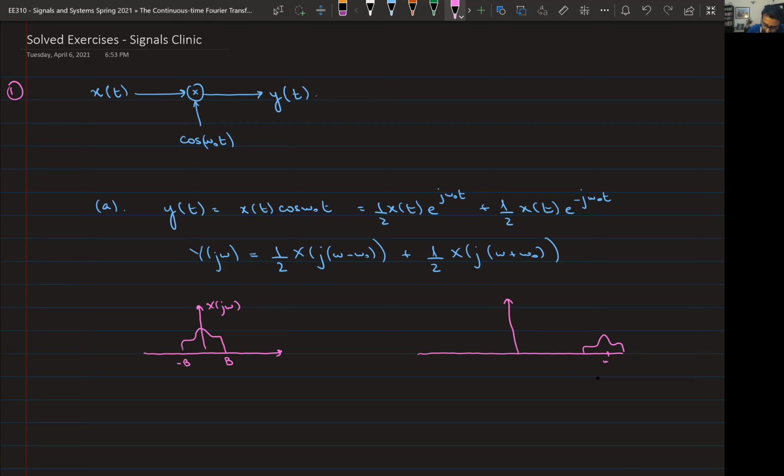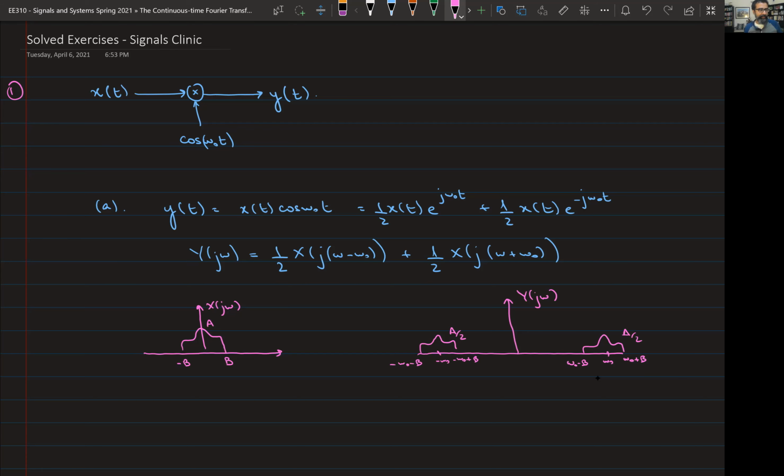So this is omega naught, and this is omega naught plus b. This is omega naught minus b. In here, this is the same shape, shifted by omega naught to the right and shifted by omega naught to the left. This is minus omega naught plus b, and minus omega naught minus b, and this is y of j omega, right? And the amplitudes of course are half of what they were.